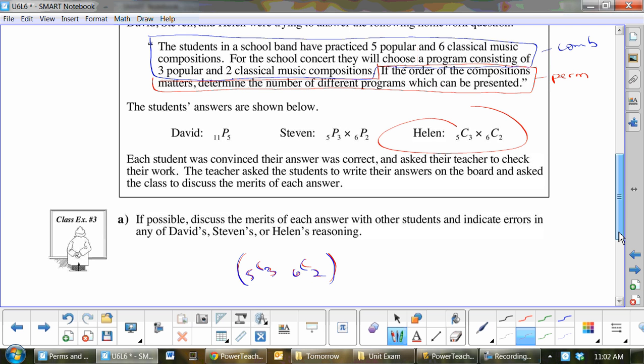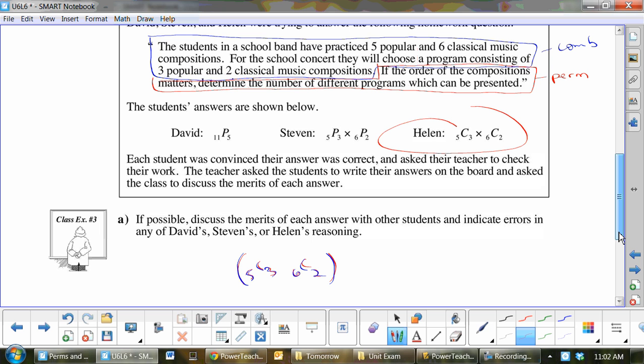How many songs do I have? How many songs do I have in my hands? 5. Okay. So how many ways can I arrange the 5? I got 5 sheets of music here, and I'm like, oh, okay, I got to think about this concert.